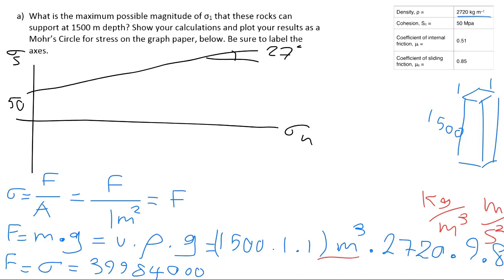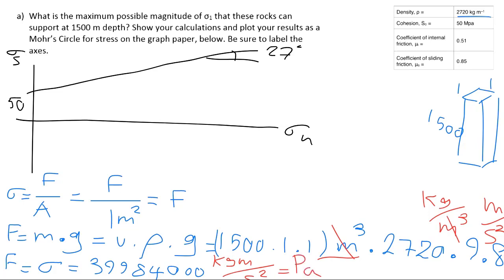So if I multiply these three units, the m power 3 is going to cancel, and you're going to end up with kilogram meter per squared second, right? And this unit is Pascal.